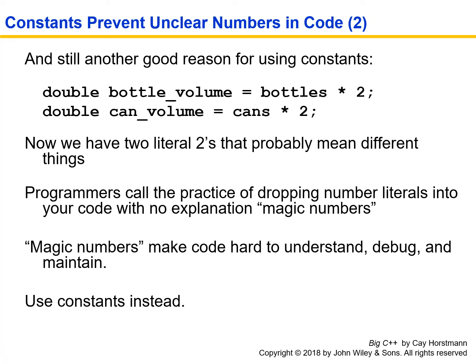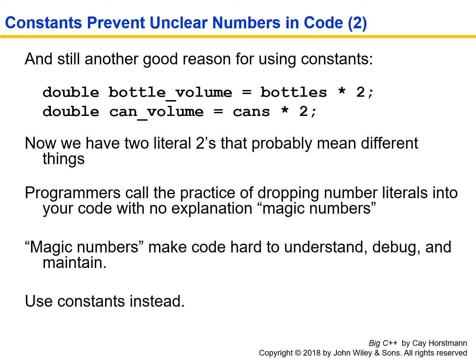Another good reason for using constants: what if we had bottles times 2 is bottle volume and cans times 2 is can volume? Now we have two literal 2's that probably mean different things, because I've never seen a 2-liter can, so 2 must mean 2 ounces or something else. 2 pints, maybe? I really don't know.